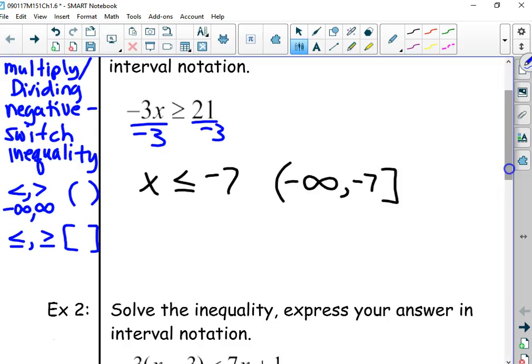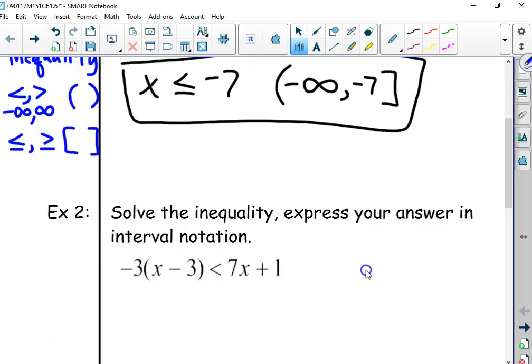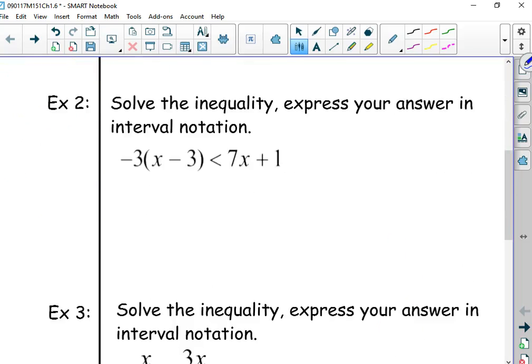That's how we figure out if the point is included or not. And the reason why infinities are always not included is because infinity is not actually a number. Let's box that answer. And if this bracketing doesn't make sense, read your textbook. It does a really good job.